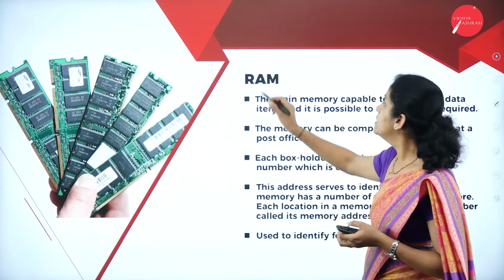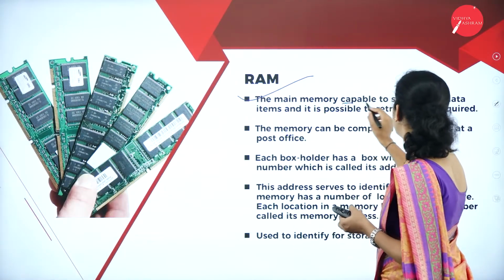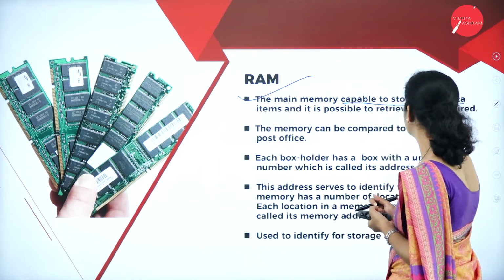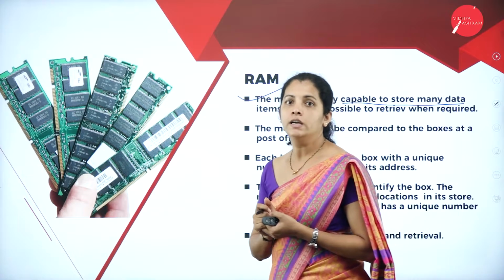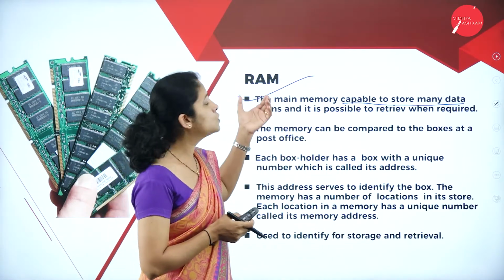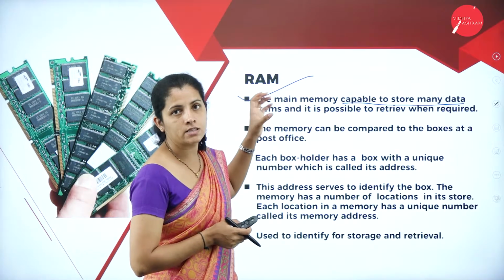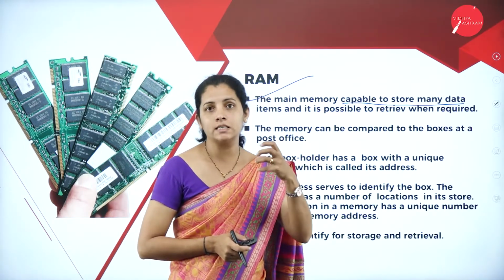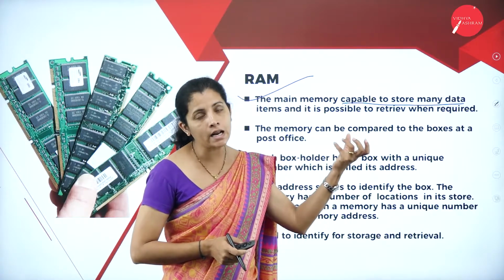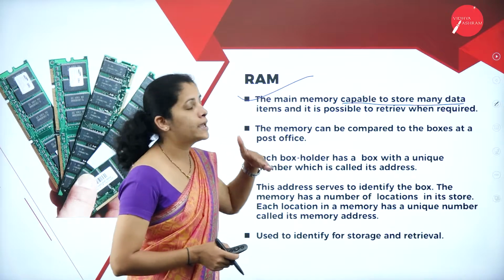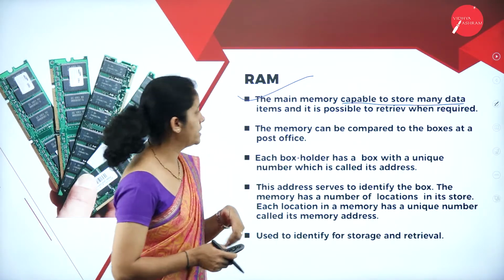Moving further, the main memory is capable of storing many data items, and it is possible to retrieve them when required. That means all the data are stored in the random access memory, and if I want to access or retrieve any data stored on the random access memory, we can very easily retrieve it.